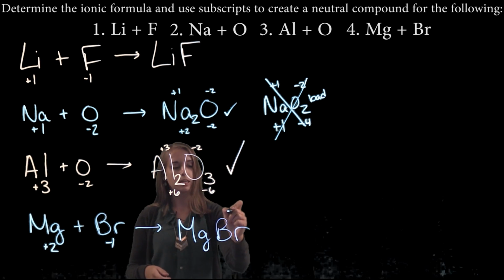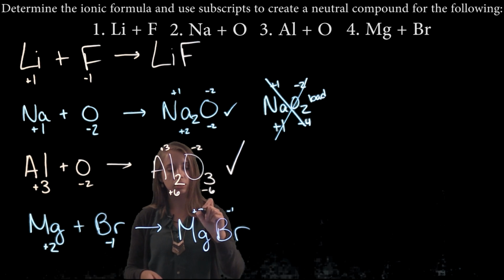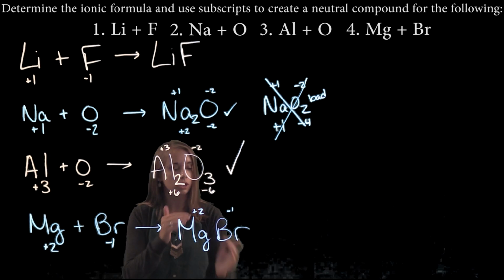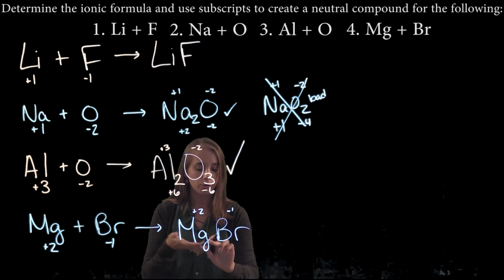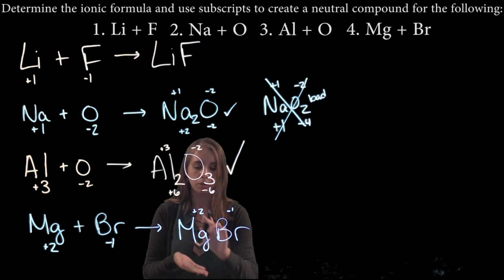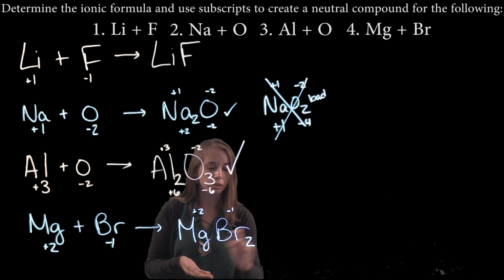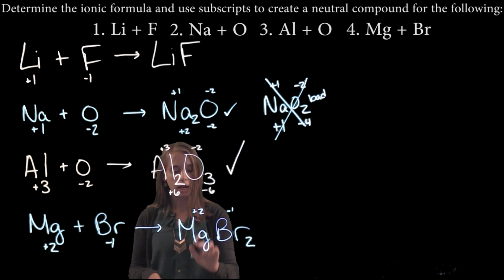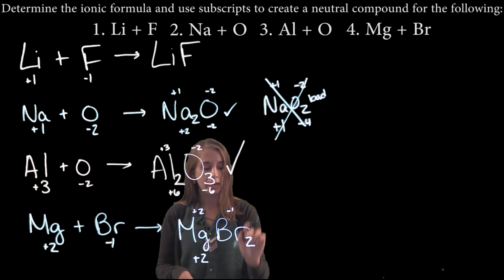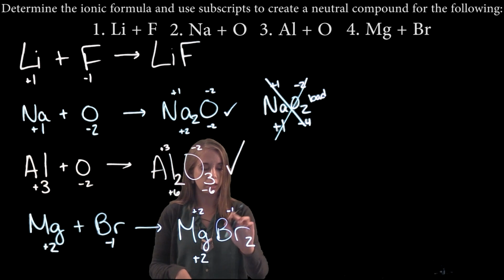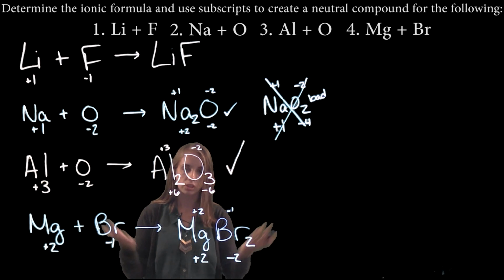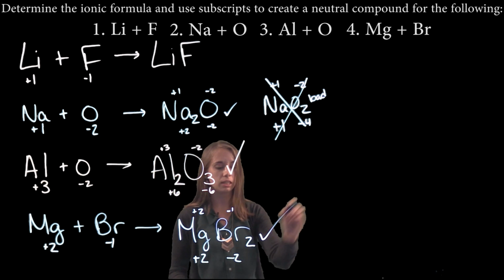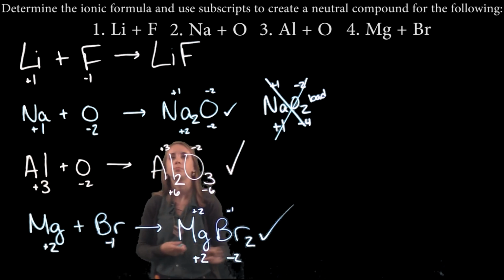Now, if this has a -1 and this has a +2, remember I kind of want to cross to see what they're going to be. I don't need to write my 1 here, it's just implied, but I will write my 2 here and double check. I have 1 magnesium with a +2, which gives me an overall +2, and I have 2 bromines, each with a -1, which give me overall -2. +2, -2. It all works out, and we're happy.